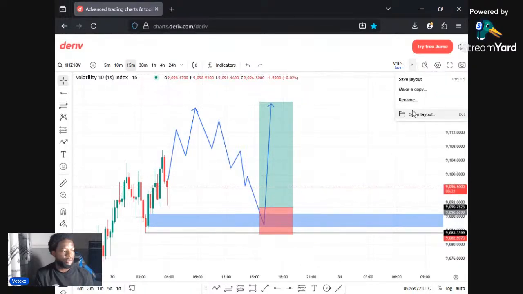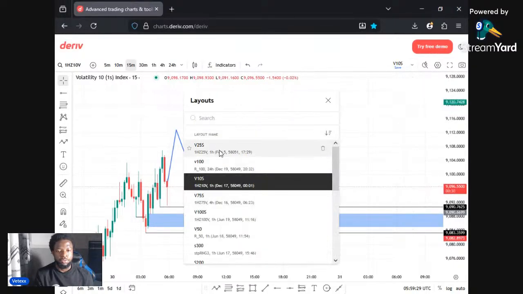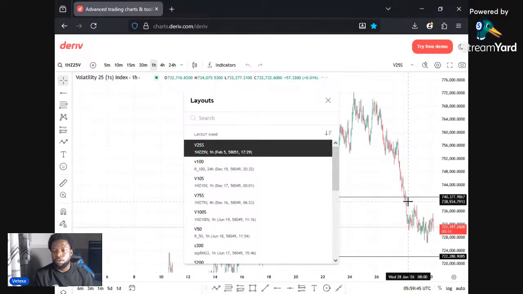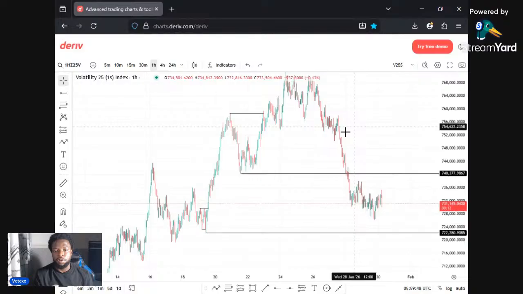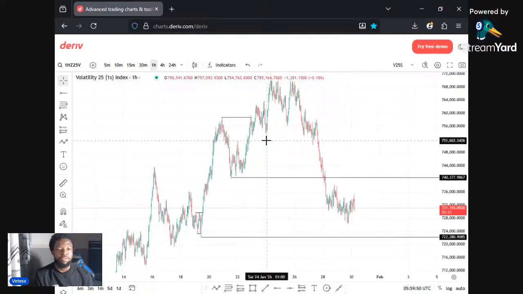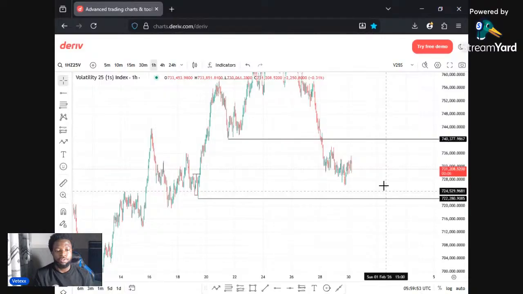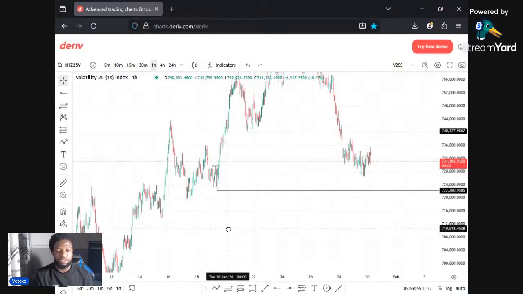The other one that we're anticipating is V25 index. V25 index has tapped the point of interest. So let's check something out real quick on V25 index. These are the two pairs we are anticipating currently. Like I said, V25 has 3 points of interest. If it doesn't hold at this point of interest, we have a point of interest down below here.